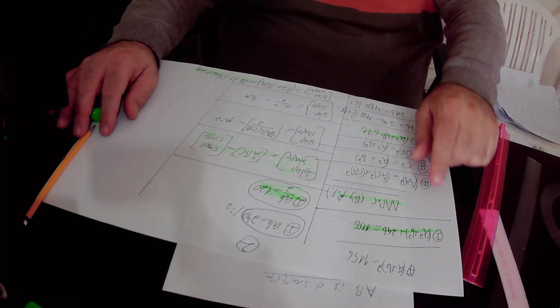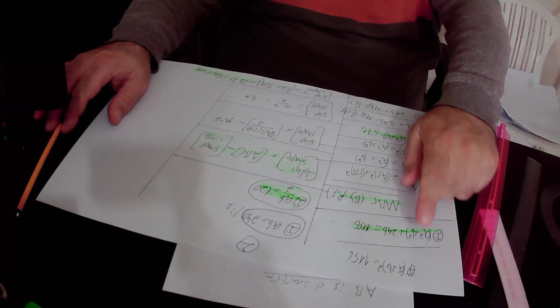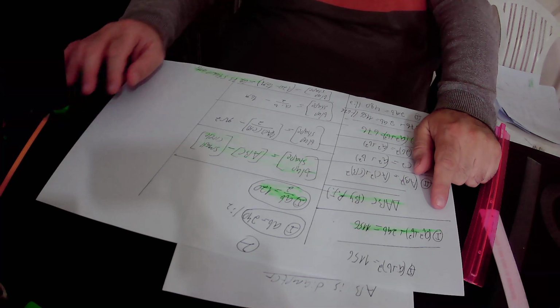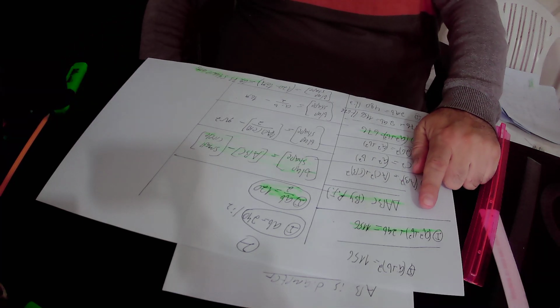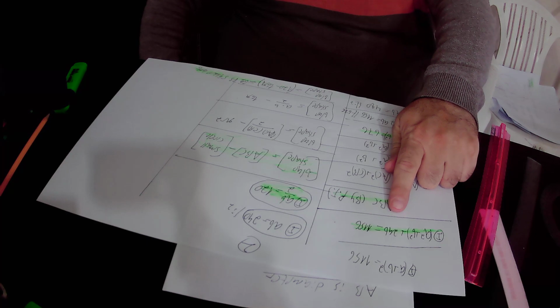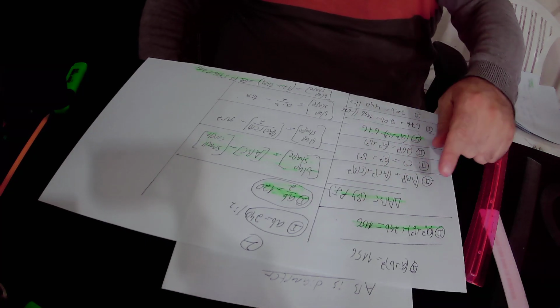Then we open the brackets on this side of equation number 1, and we found out that (A plus B) squared equals A squared plus B squared plus 2 times AB, and it is equal to 1156.